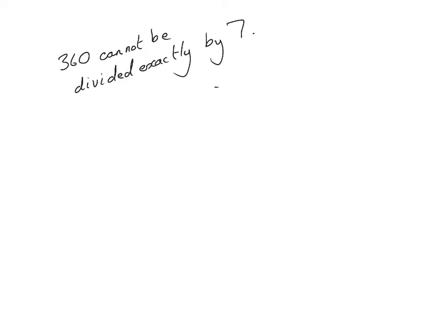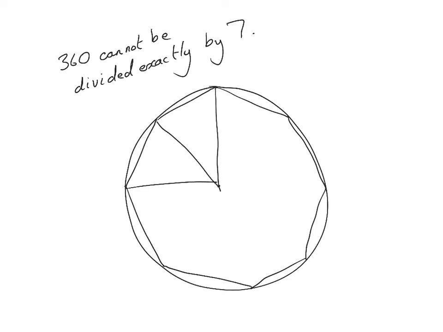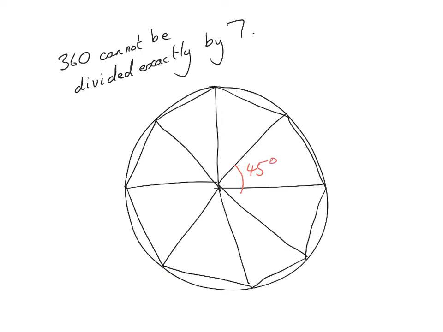But you'll be pleased to hear it can be divided by 8, and if we do it, we obviously will divide it up into 8 pieces, and each of these angles will then be 45 degrees, because 360 divided by 8 is 45.